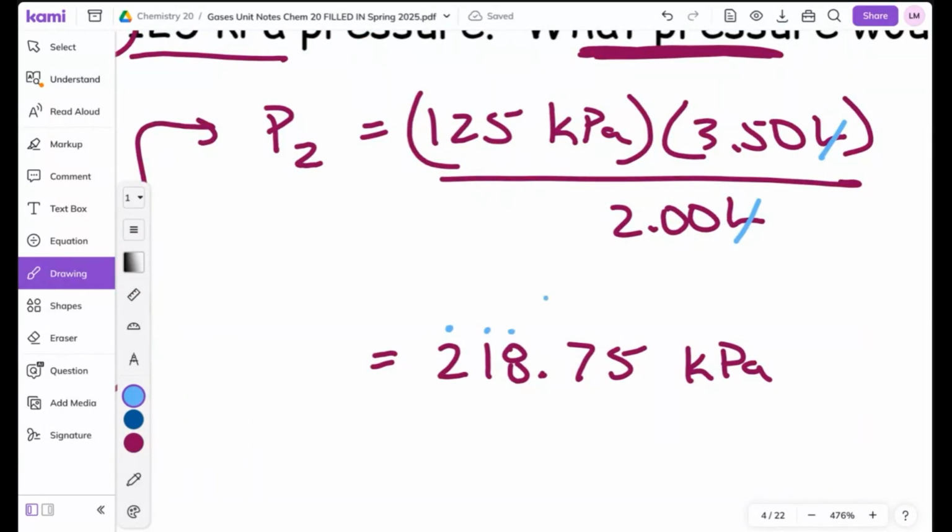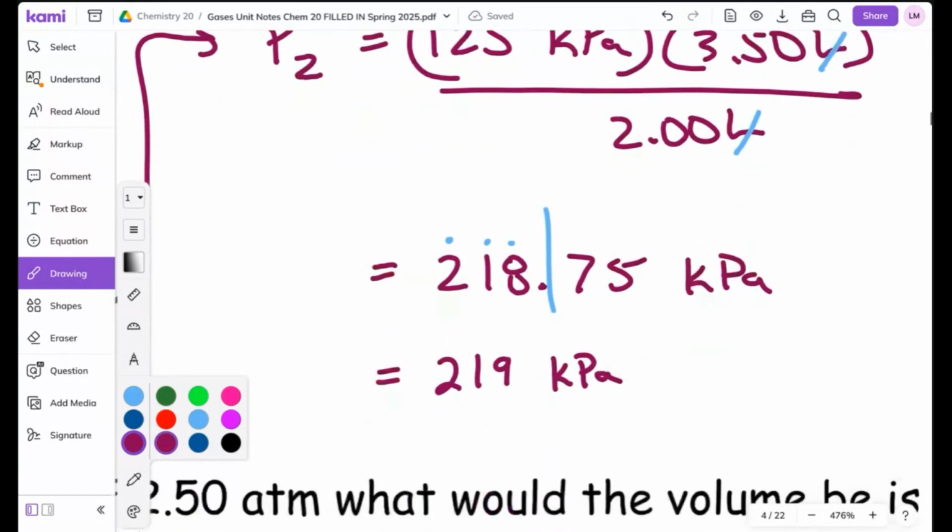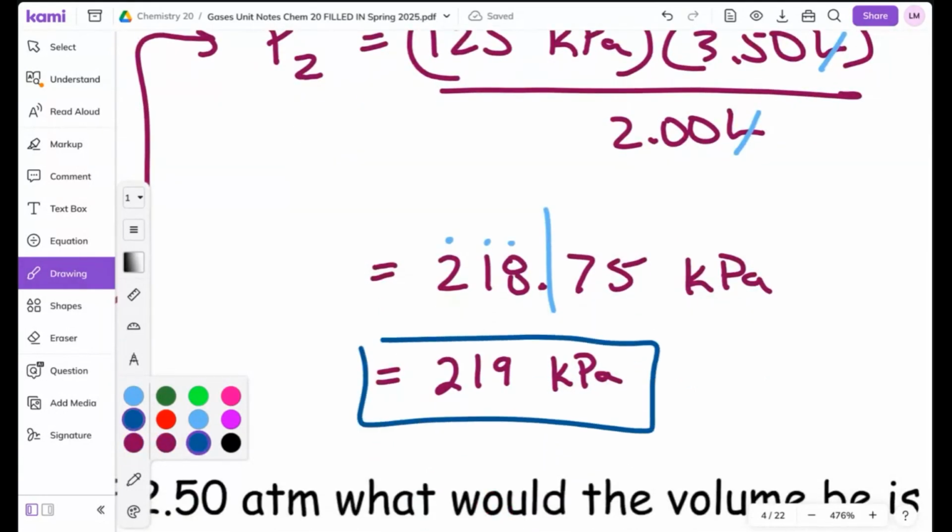So 1, 2, 3, there's our cutoff line. So 219 kilopascals. I rounded the 8 up to a 9 because the number after the cutoff line was 5 or higher, so that's why we rounded up. Put a box around my final answer, and away we go.